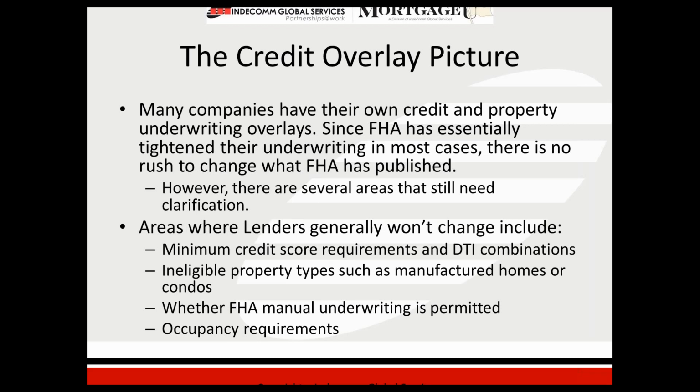The credit overlay picture, just like HomePoint Financial has credit overlays, many companies have their own credit and property underwriting overlays. And since FHA has essentially tightened their underwriting in most cases, there's really no rush to change what FHA has published. You don't really find lenders going to their congressmen saying, change this or pull this back.